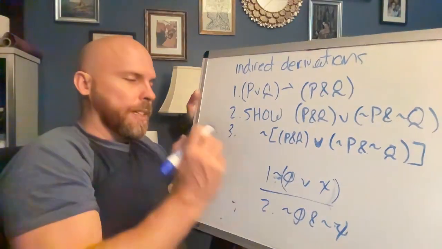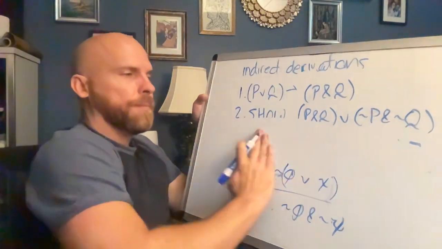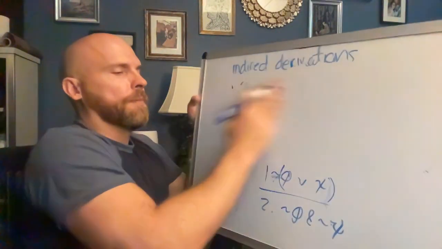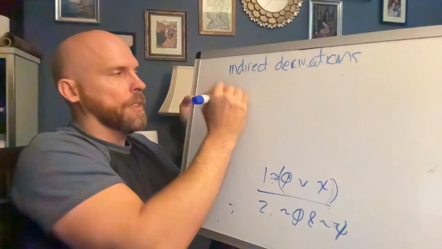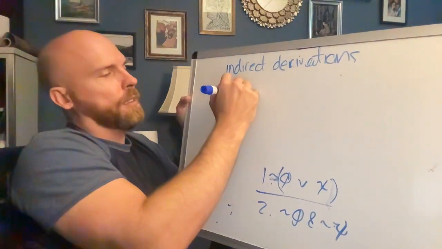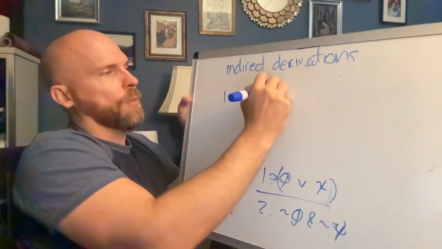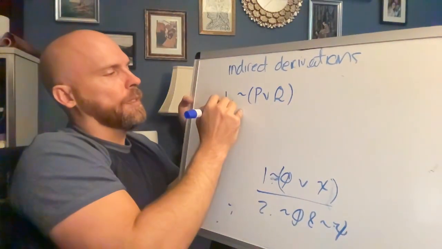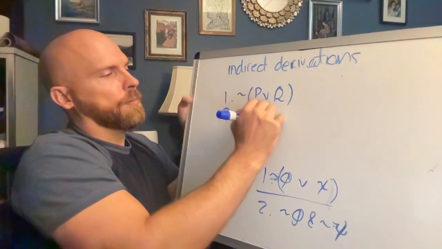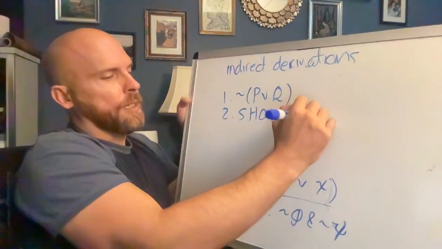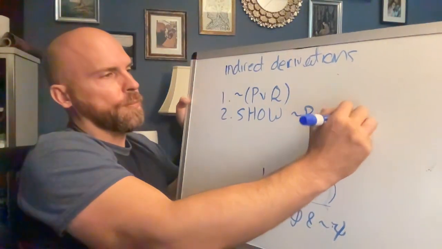Which is to say, I'm going to back up one more time. I got to try that again. I need to prove that from not (P or Q), it follows not P and not Q.